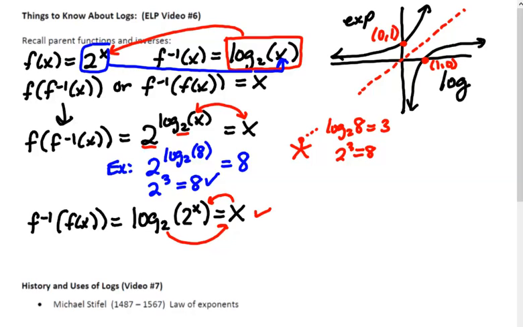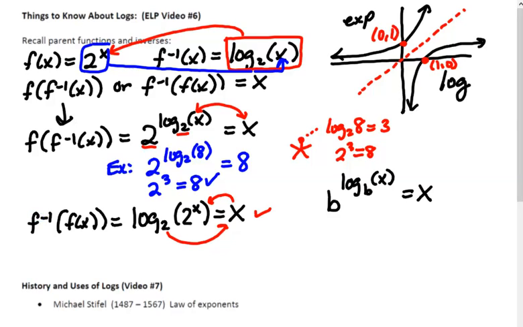That makes perfect sense. So that gives us two relationships. If I have b to the log base b of x, that's just going to equal x.